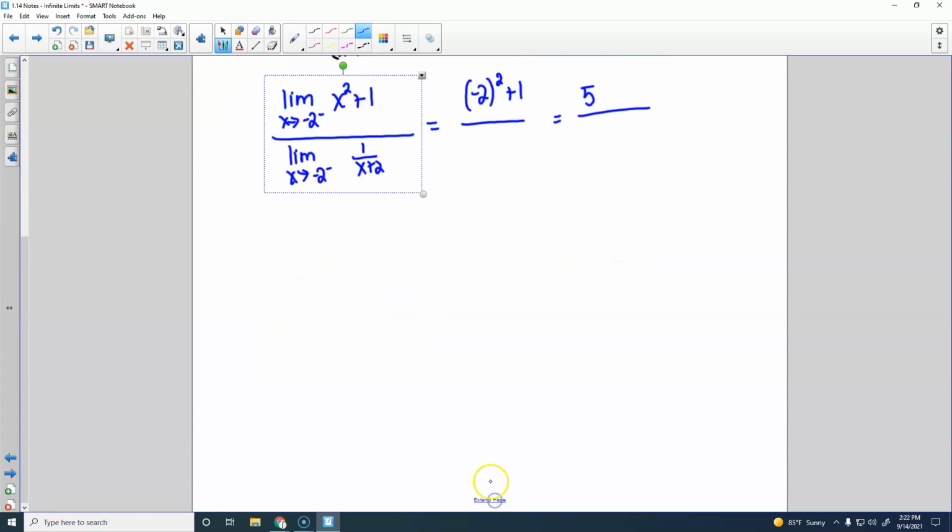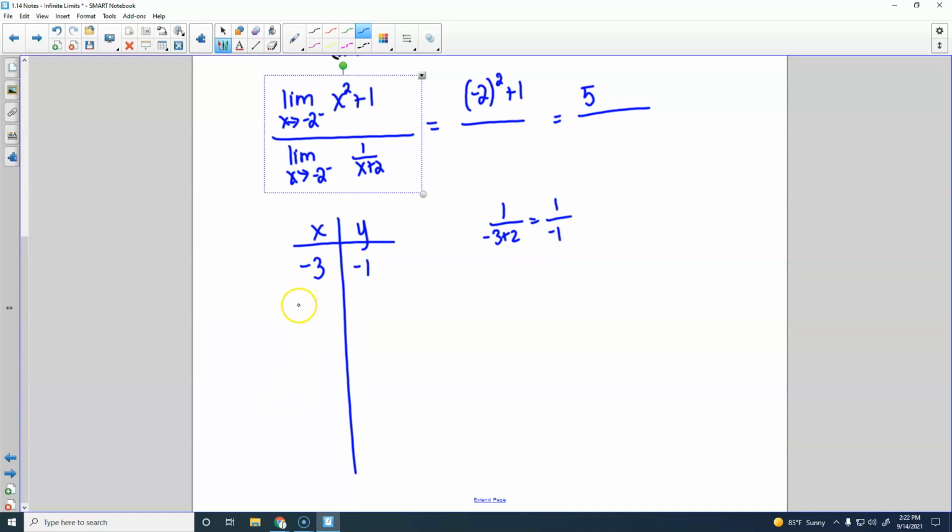All right, and so then we would only have to make a table for this bottom part. We're approaching -2 from the left. So -3 would be 1 over -3 plus 2, which gives me 1 over -1, so I get -1.